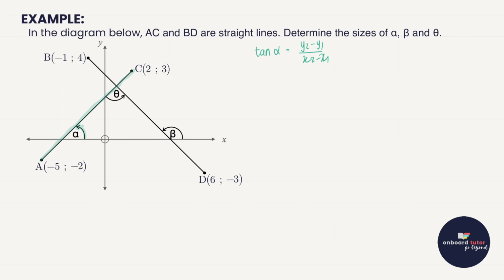That's going to help us. Okay, so we're going to substitute in some points. We've got 3 minus 2 over 2 minus 5. So what do we end up with? We've got 5 over 7.